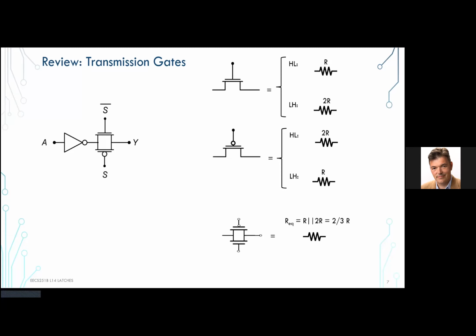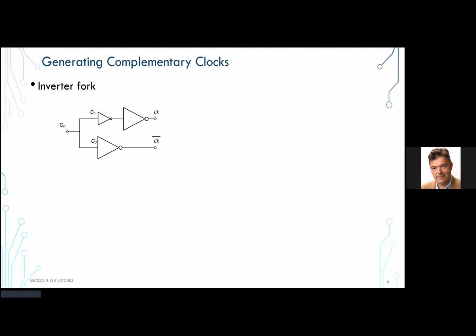Now, I did hide one more thing here. I have to generate true and complementary select signals, and you'll find out I'll need to generate true and complementary clocks. What's the logical effort of an inverter fork, which is this?